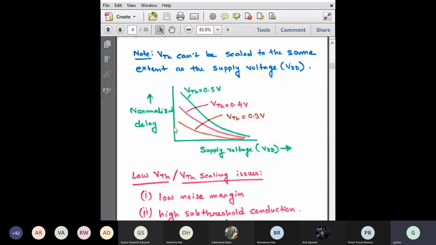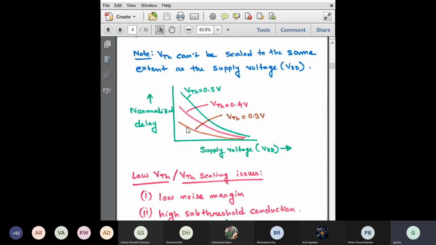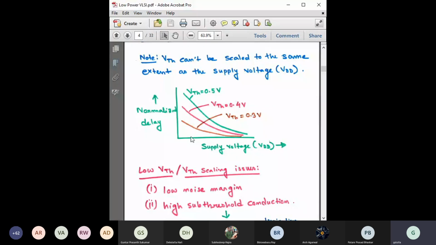Then you can see, if you reduce the threshold voltage from 0.5 to 0.3, you can achieve a similar delay here, where the supply voltage is pretty low.